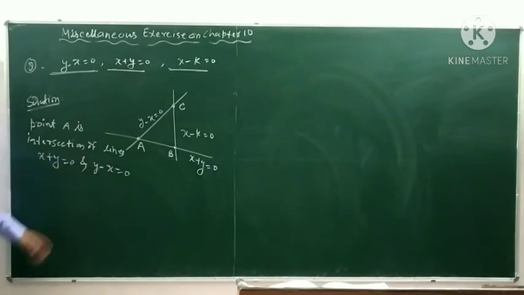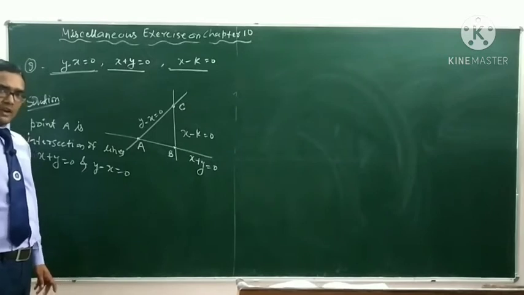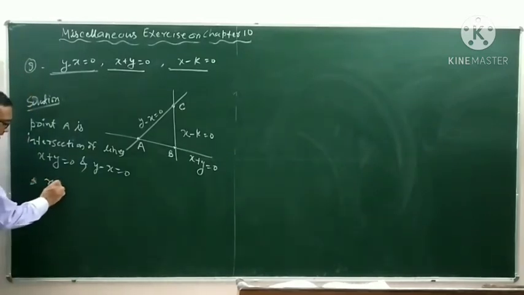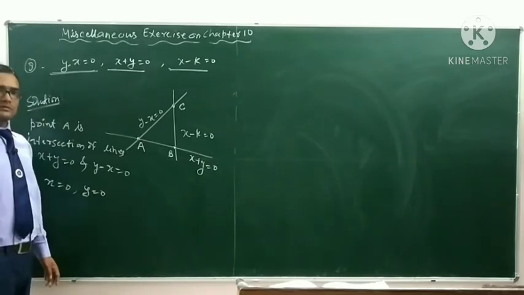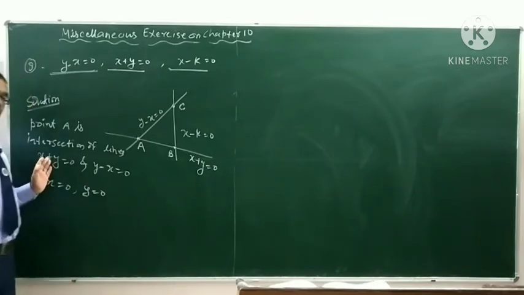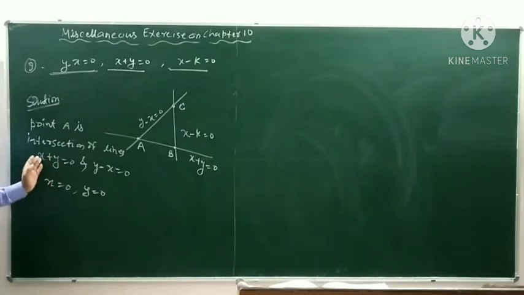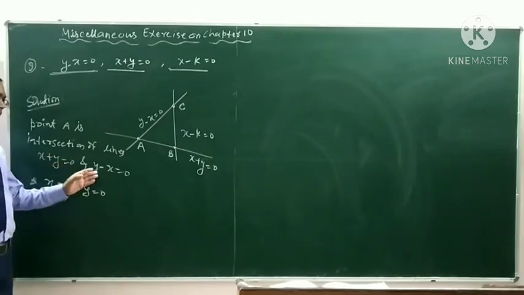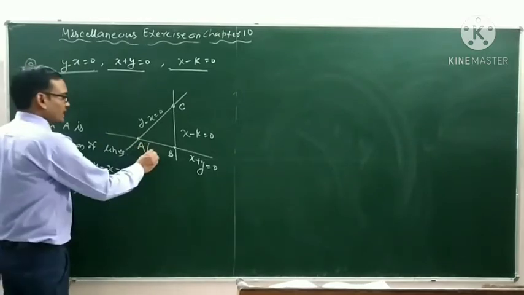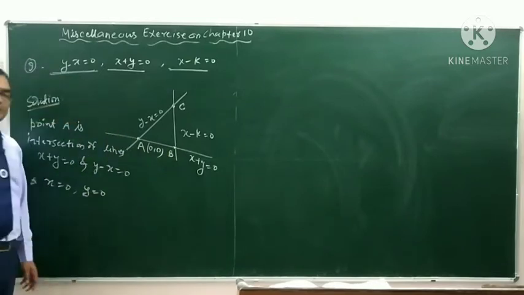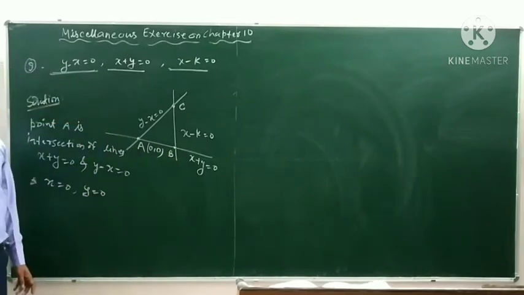We solve these two equations and find the values of x and y. Here x equal to 0 and y equal to 0. Then the coordinate of point A is (0, 0).